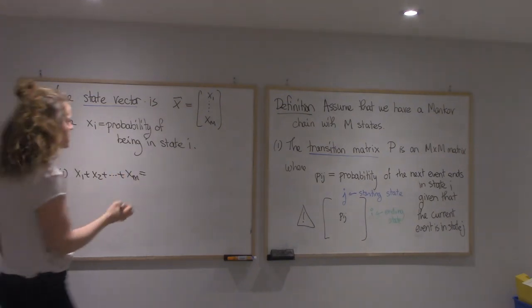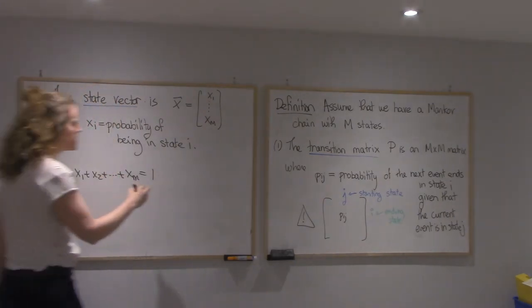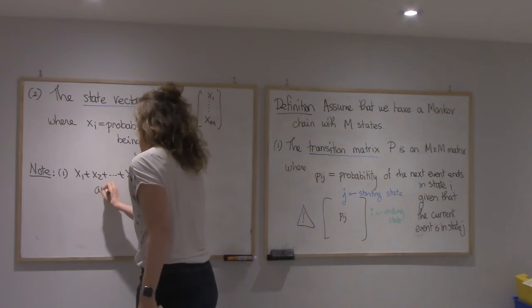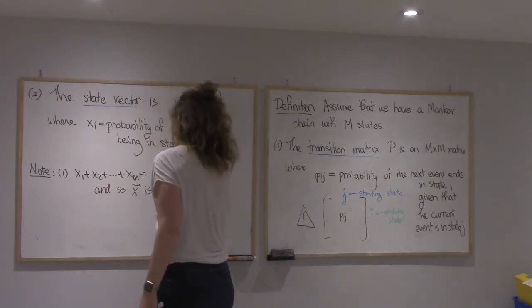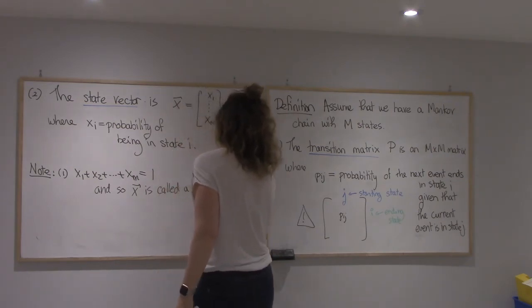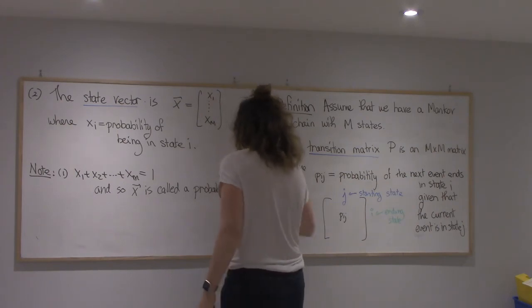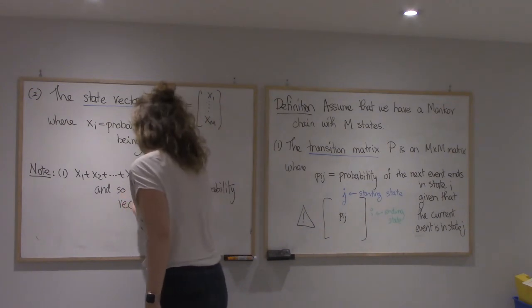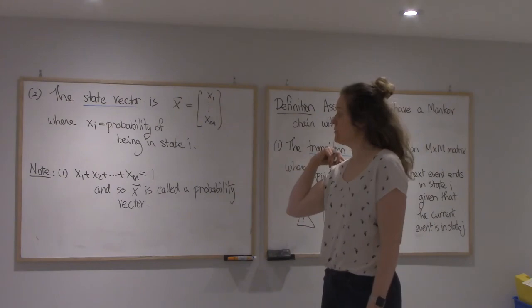It covers all the cases, so they should add up to 1. And so because of this, we are going to call x a probability vector.